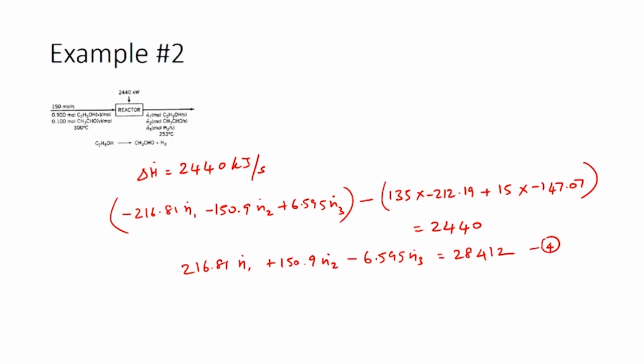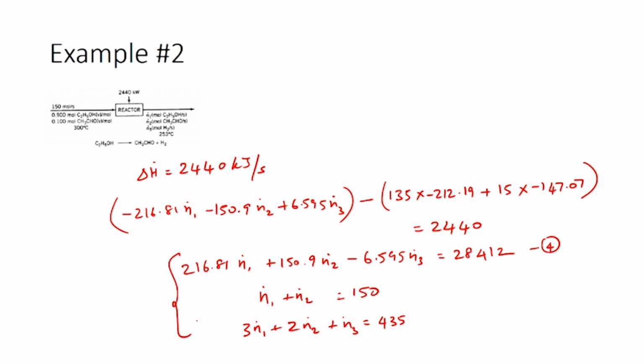So, using equations 2, 3 and 4, we will be able to solve for N1, N2 and N3. The other equations we had were N1 plus N2 equals 150 and 3 N1 dot plus 2 N2 dot plus N3 dot equals 435. So, using these 3 equations and solving them simultaneously, we can get the values for N1, N2 and N3.